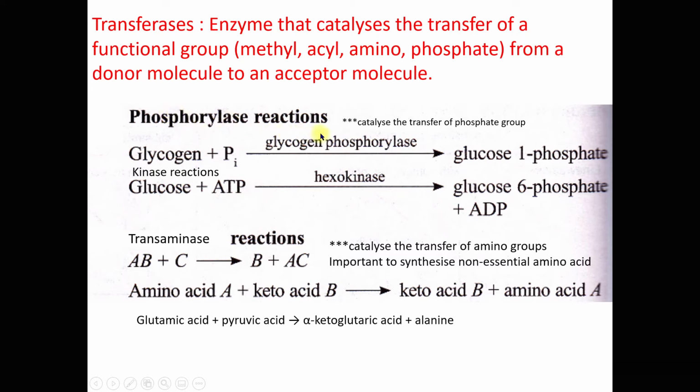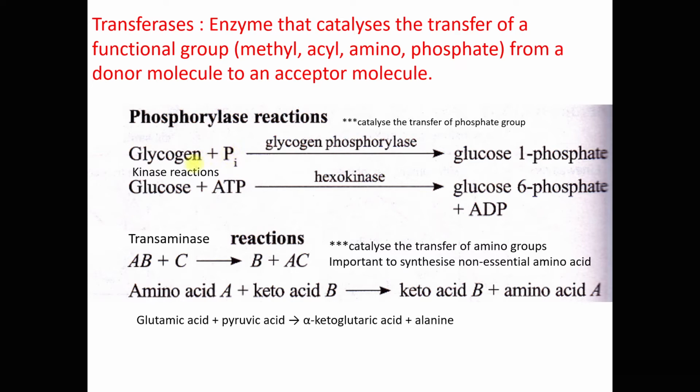So one example, glycogen phosphorylase catalyzes the transfer of phosphate group into glycogen to form glucose 1-phosphate, or phosphorylase catalyzes the formation of glucose 1-phosphate from glycogen and inorganic phosphates. Pi means inorganic phosphates.